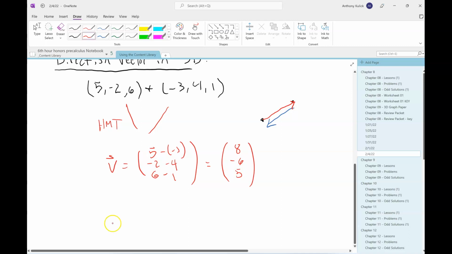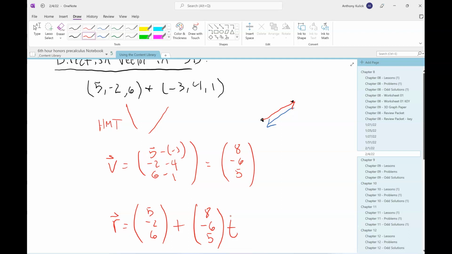So if I wanted to write the vector line equation here, I can use either point as my point vector. It doesn't matter. For the sake of argument, I'm just going to use the first one. And then a direction vector. So I did my head minus tail rule as I showed above. And it doesn't matter which one you make the head and which one you make the tail. And then I'm done.